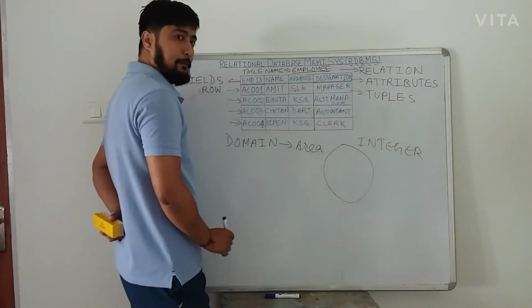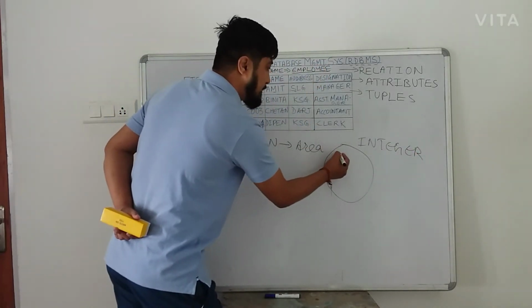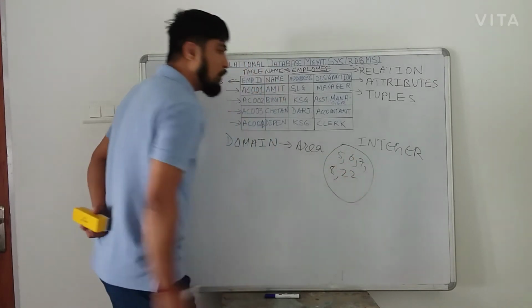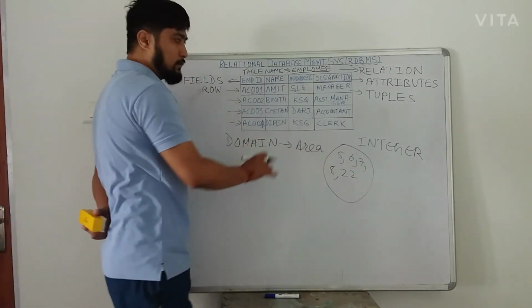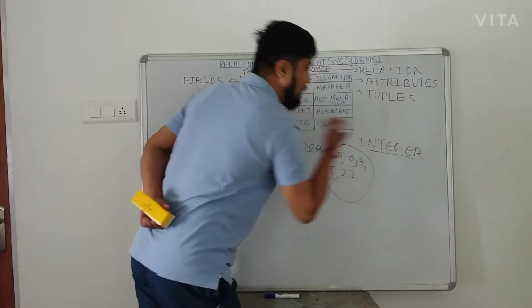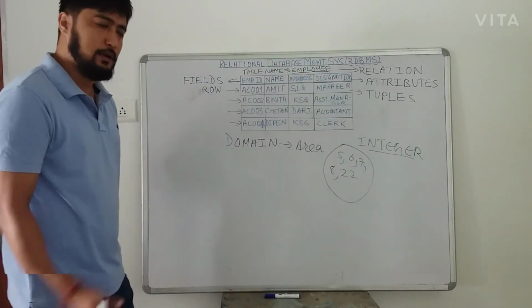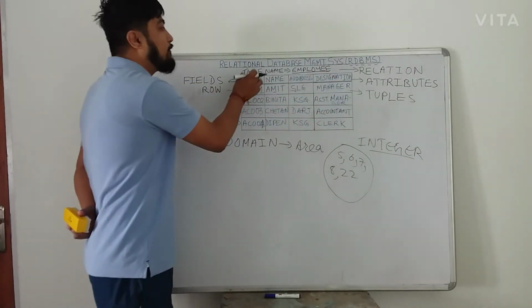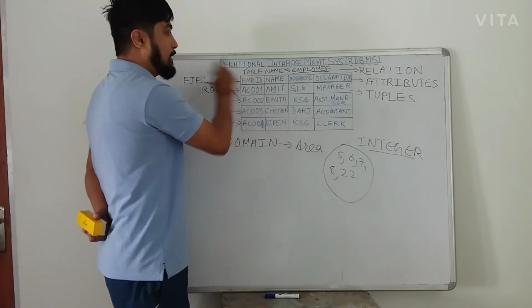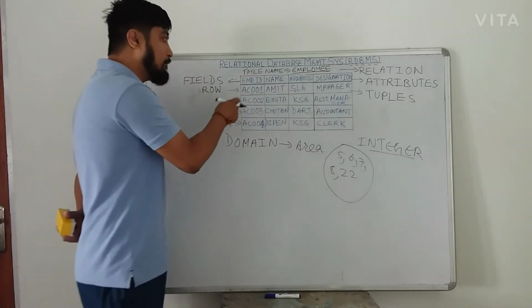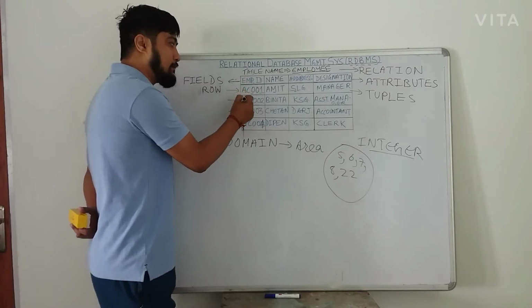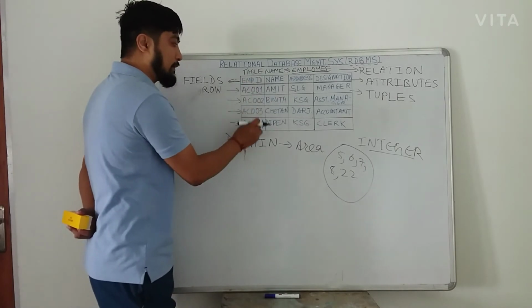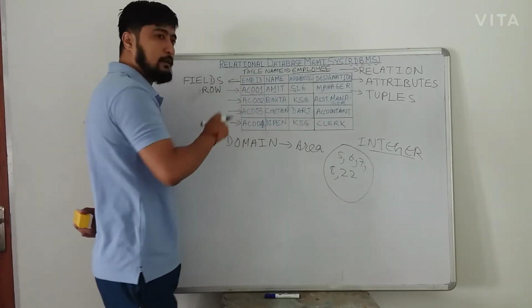We have only integer values here, 5, 6, 7, 8, 22. All these are integer values under the domain called integer. In the same way, in our relation we have 4 different domains. EMPID is a domain under which the values are AC001, AC002, AC003 and AC004.